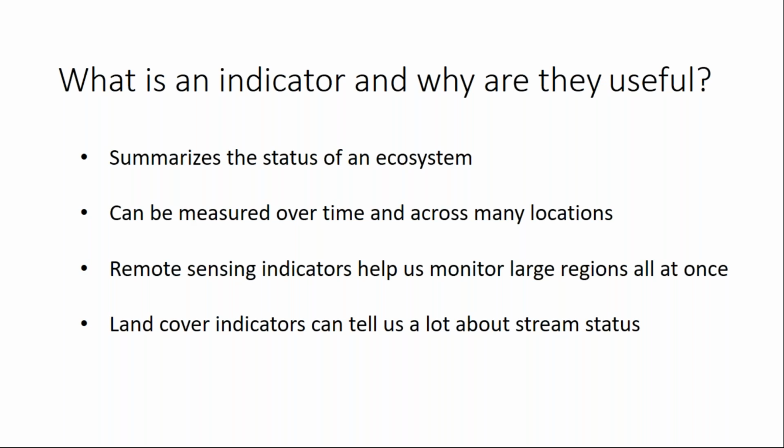And there's been several decades of work using land cover as an indicator of aquatic systems. And so we're developing those further for urban streams and figuring out when they work and when they fail, and how they can help us improve. What do we have to add to indicators to help indicators do a better job of predicting stream status?